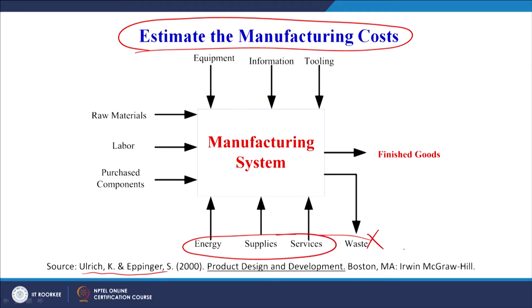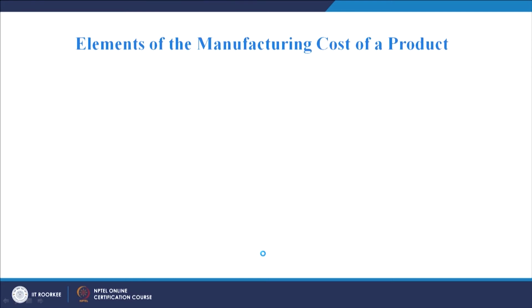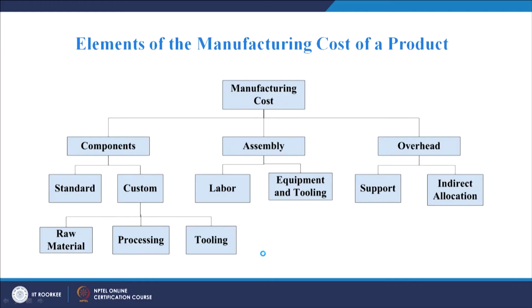This is the waste which we have to avoid: raw material, labor, purchased components, equipment, information, tooling, energy, supplies, services. All these are inputs, and all these add up to give us the total cost of the product, or an estimate of the manufacturing cost. Now, what are the elements of the manufacturing cost of a product? For calculating the manufacturing cost, the cost of components, cost of assembly, and cost of overheads have to be taken into account.